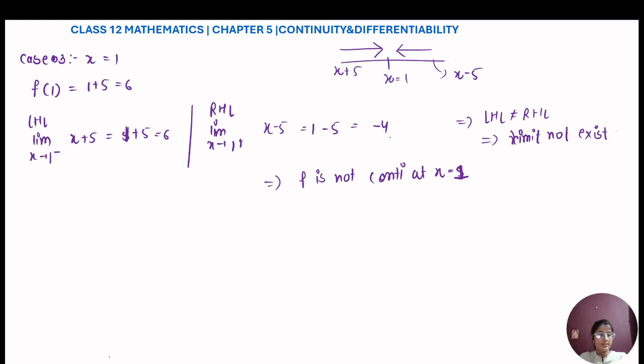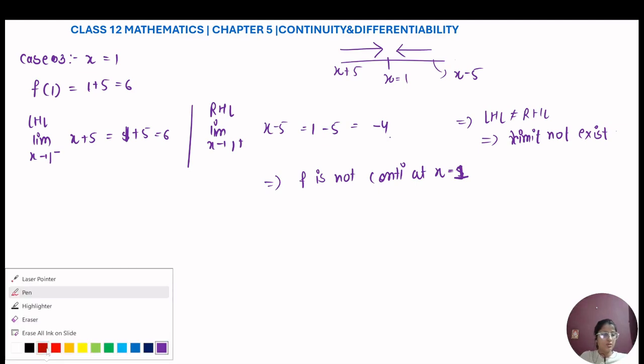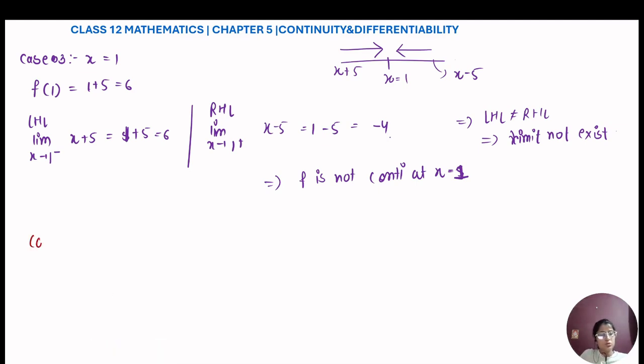As it is not continuous at each point of the domain, our conclusion is that f is not a continuous function.